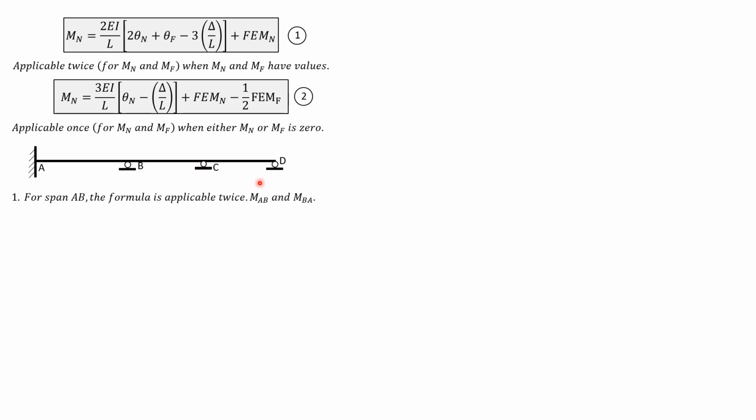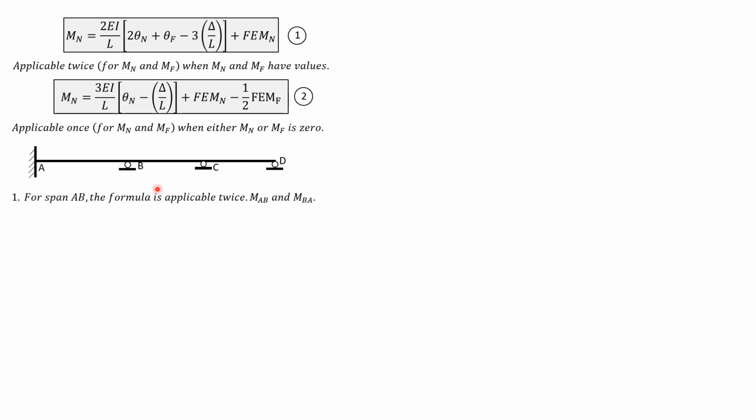Then for CD, because the far end D is a roller support, there's no moment here. It will just rotate. There's no resistance to rotation. So we only have one equation, and that's why we use equation 2 for span CD. So we have MCD only, and it is equal to 3EI over length of CD quantity theta C minus delta over L, which is 0 because these are supports.